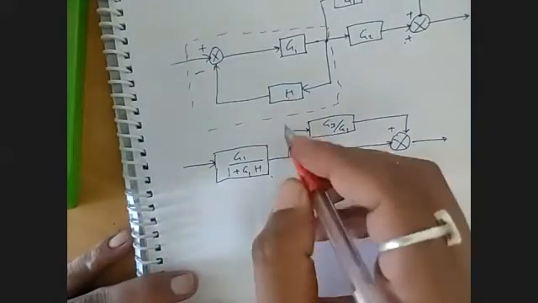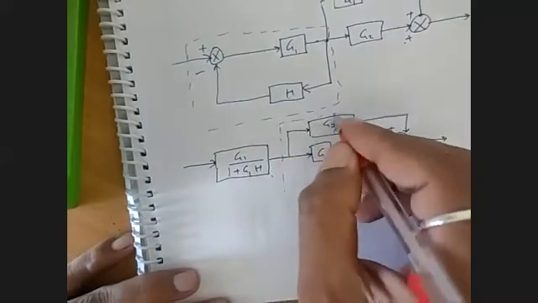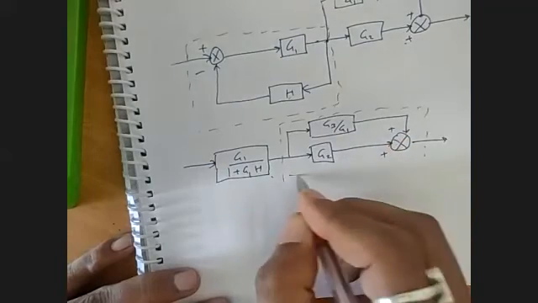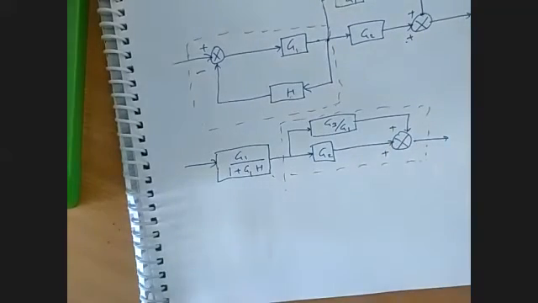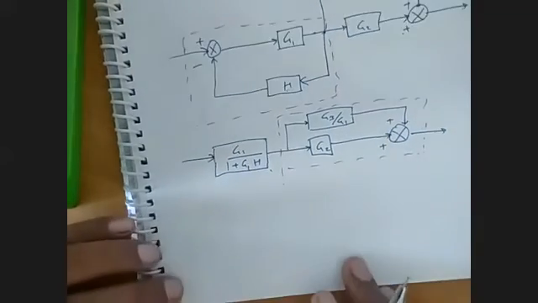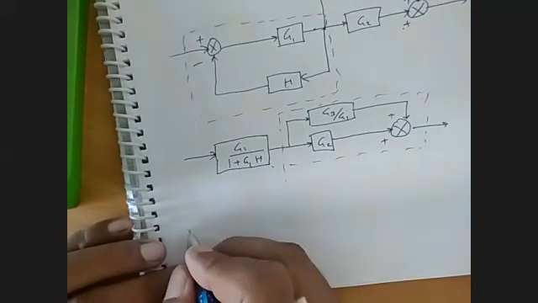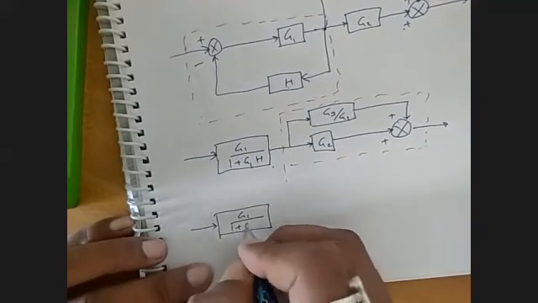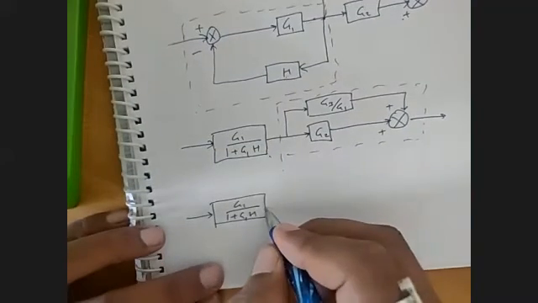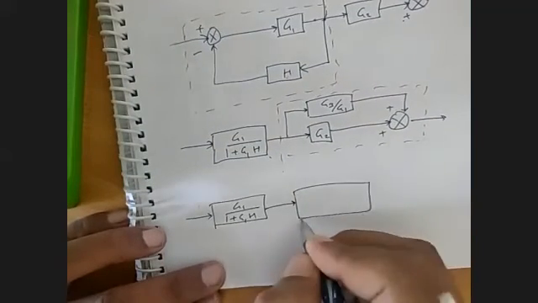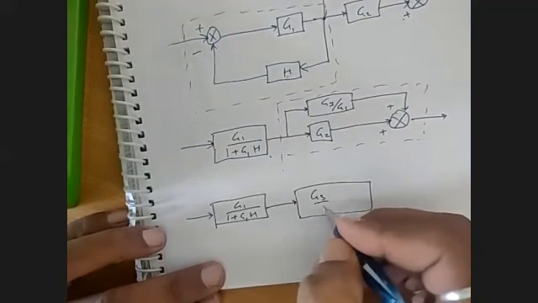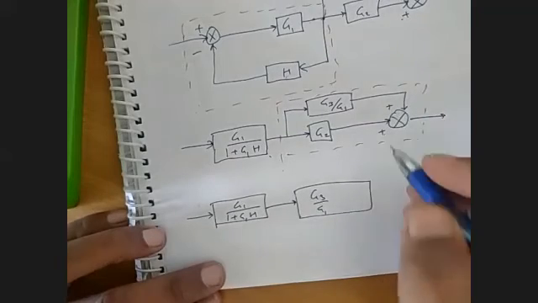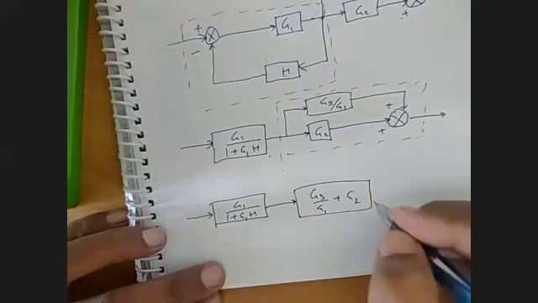And now we have again this block, which is represented as a parallel connection of two blocks. So this is parallel connection. So this will become, because they are added, plus G2.